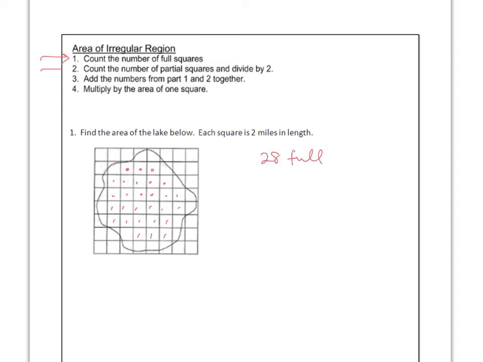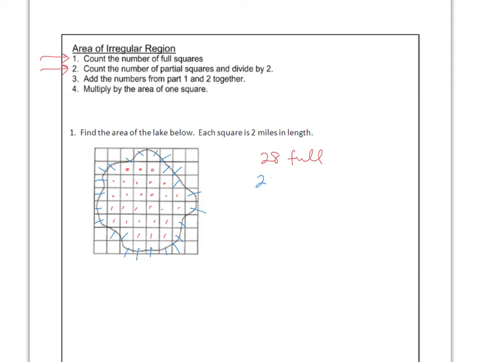Step number 2 up at the top here, it's count the number of partial squares and divide by 2. So now I'm going to look at the boundary, and anything that's partially within the boundary, I'm going to count. So I'm going to put tick marks. 1, 2, 3, and so on up to 24.